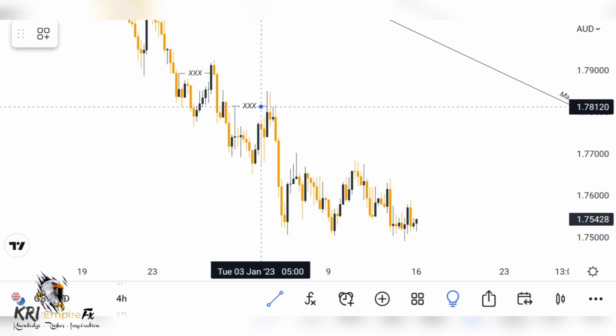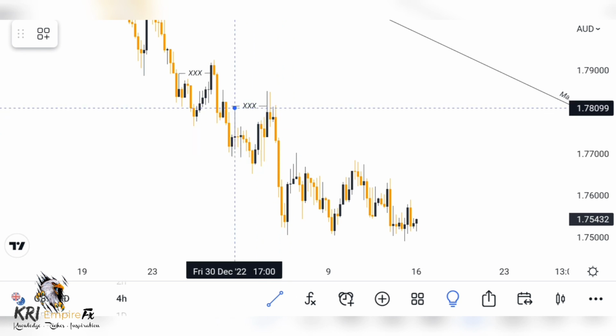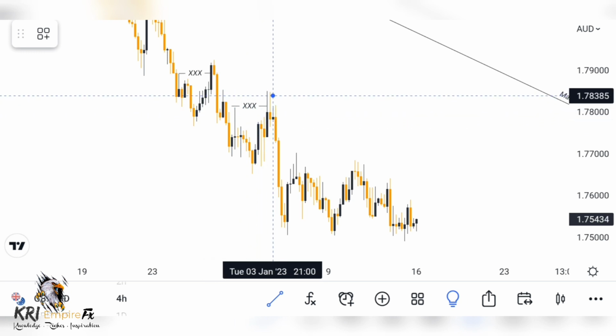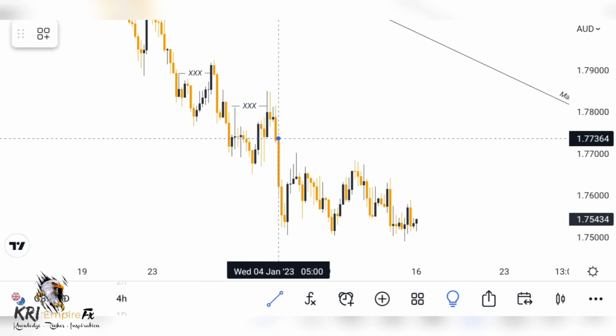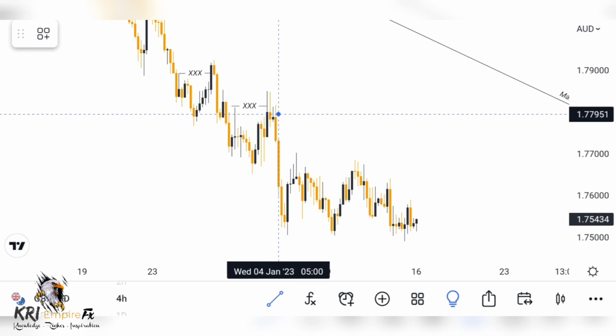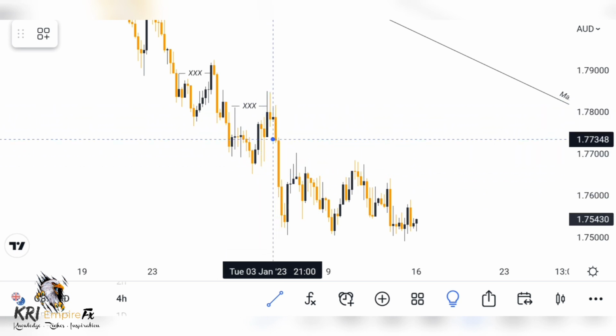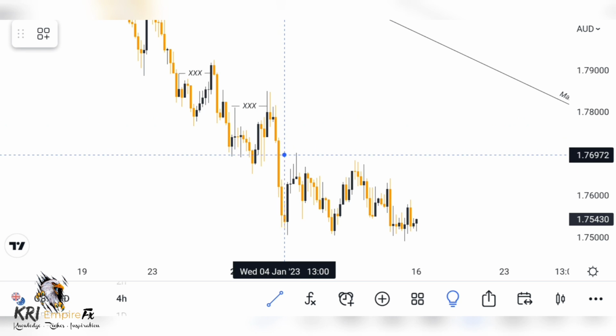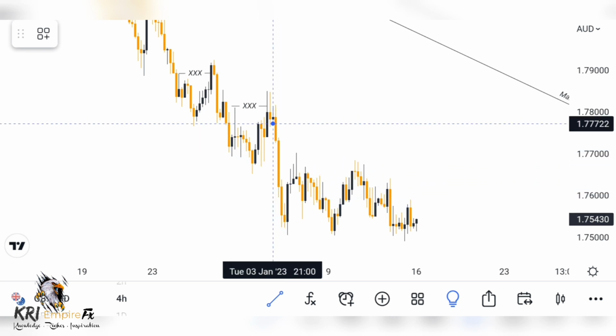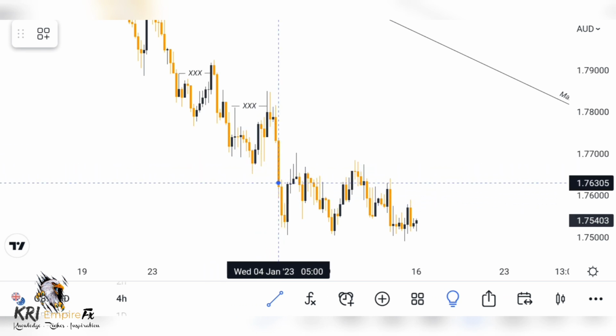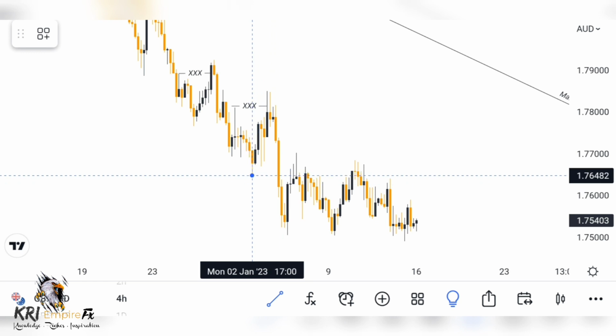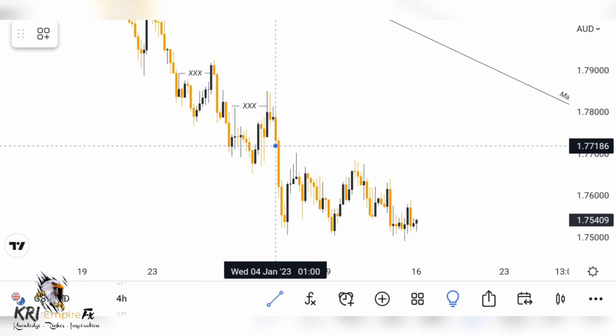So after price was taken out over here, this liquidity was taken out over there, you can see that price made a very aggressive, very strong push to the downside. You can see that these are 3 powerful healthy candles on the 4 hours, which indicates maybe it was a news event or something.